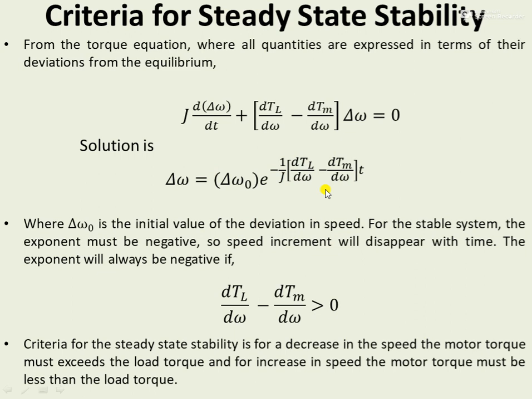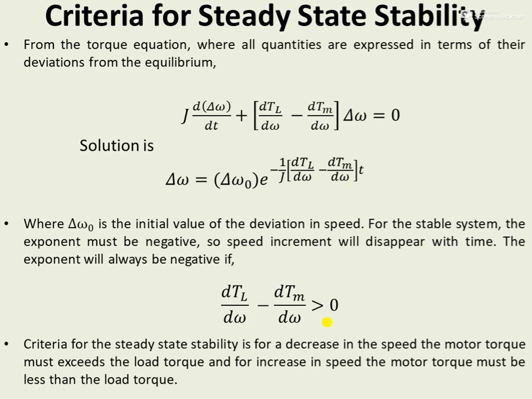So for this to be negative, the value of dTL by d omega must be greater than dTm by d omega. Or else we can say that for this whole term to be negative, the term inside this bracket must be positive, which is possible only when the first term is greater than the second term, that is dTL by d omega is greater than dTm by d omega.